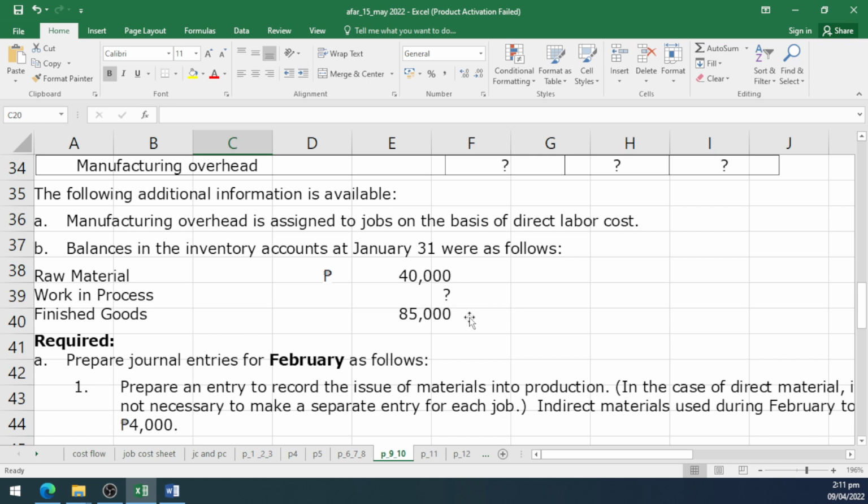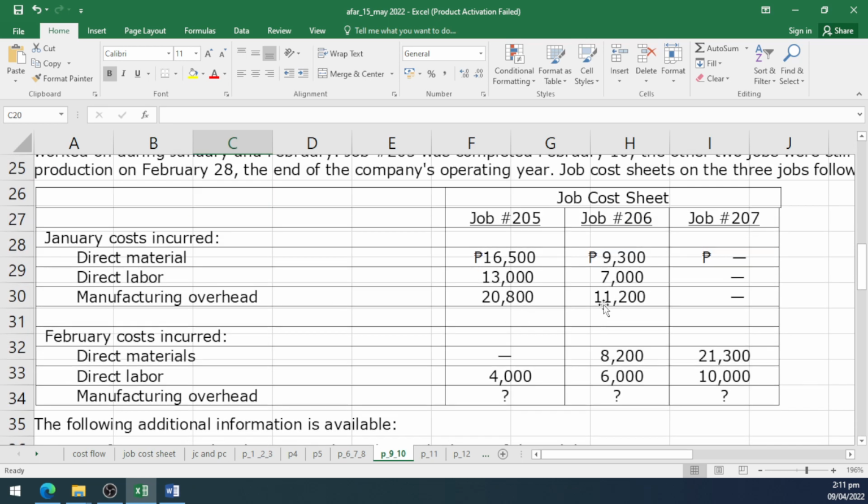If the estimated or budgeted overhead and budgeted DL cost are not given, remember that computing the overhead rate is estimated or budgeted overhead divided by the estimated capacity, which is normally the normal capacity. But if that is not given, look at the jobs last month and how much overhead was applied there. Because if there is a predetermined rate, the percentage of application is the same.